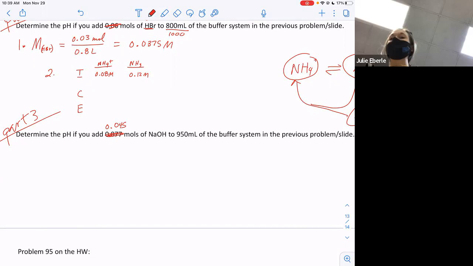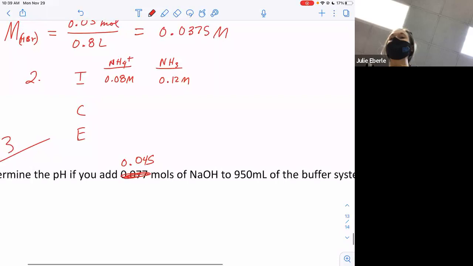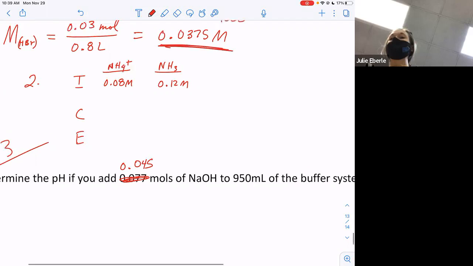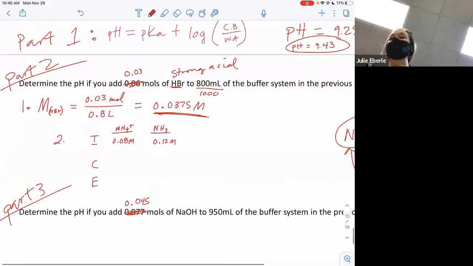Now, it's going to change by how much, these concentrations in my ICE chart? This molarity, yep, that we just calculated. Now remember the phrase I have here, because everybody's confused on which column do I add it to, which one do I subtract it from?